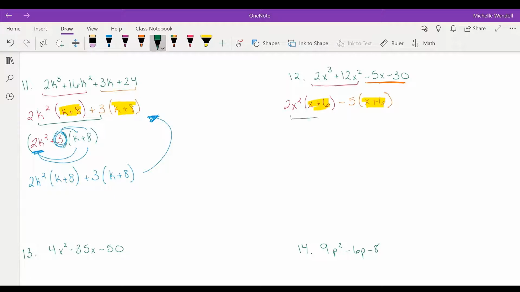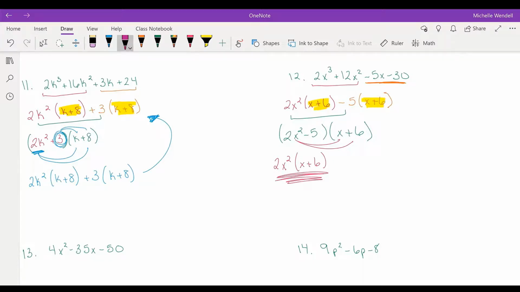Alright, so now I'm going to combine these terms here. 2x squared minus 5, and the x plus 6. So again, think about when you first learned how to distribute these binomials. You took 2x squared, and you just multiplied it by the x and then the 6. So you got something like this.